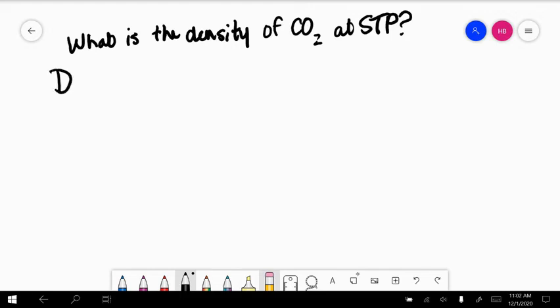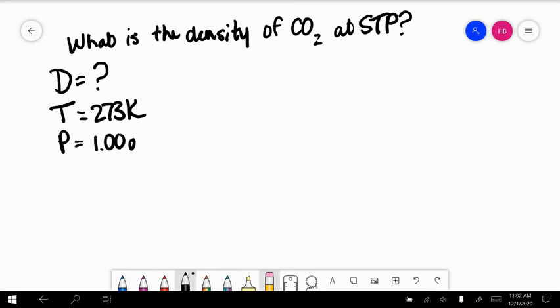Density is what they're asking us to solve for. And STP is actually some variables. STP tells us the temperature is 273 and the pressure is 1 atmosphere.